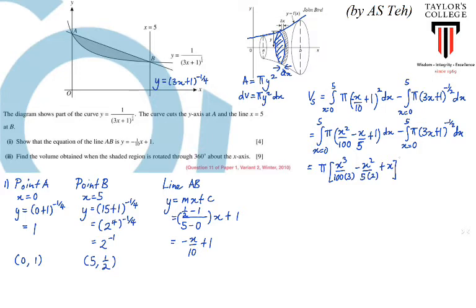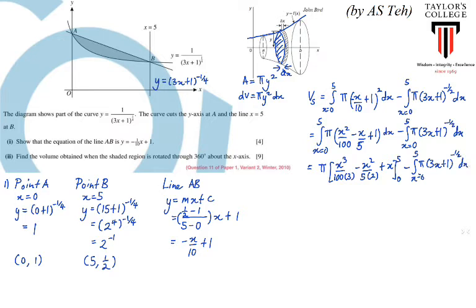I need to substitute in the values x equals 0 and x equals 5 to find the solution for this part. Then minus off the other side, which I still leave as it is: the integral from 0 to 5 of pi (3x plus 1) to the power of negative half delta x.